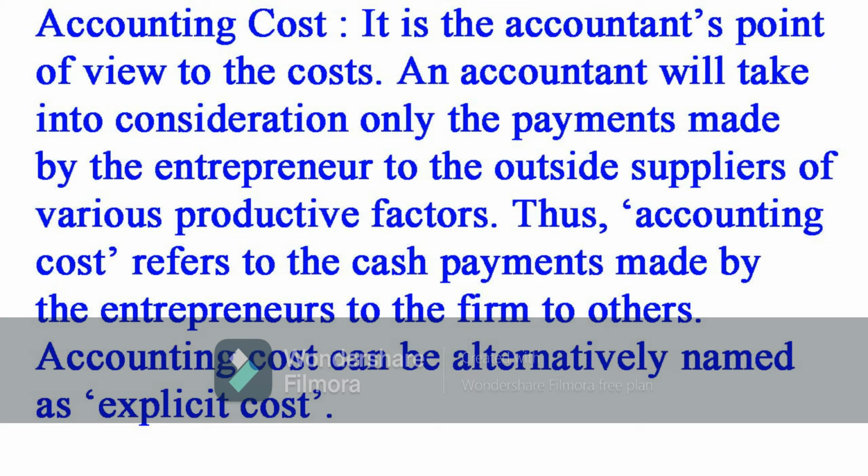The accounting cost refers to the cash payments made by the entrepreneurs of the firm to others. This accounting cost can be alternatively named as explicit cost also, because the explicit cost is the cash payment to outsiders or the suppliers of the firm.